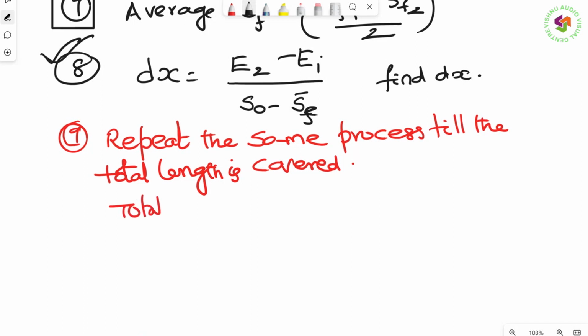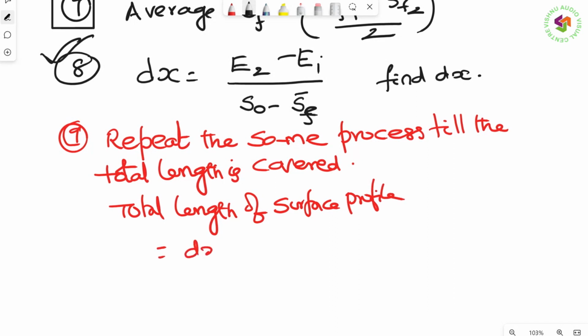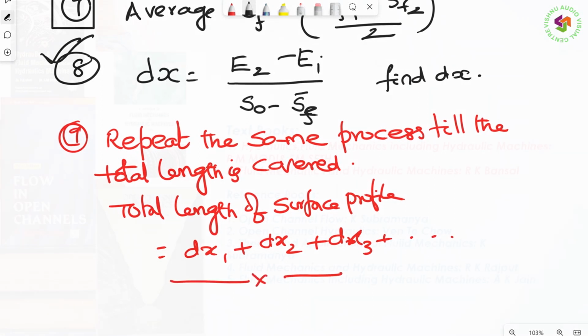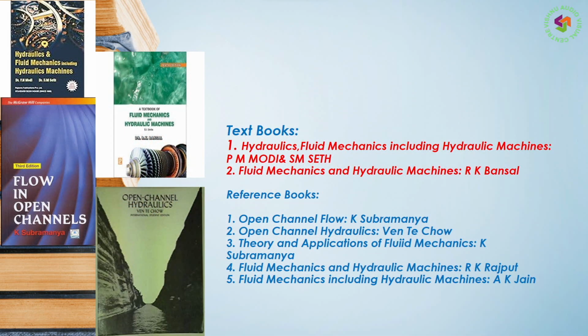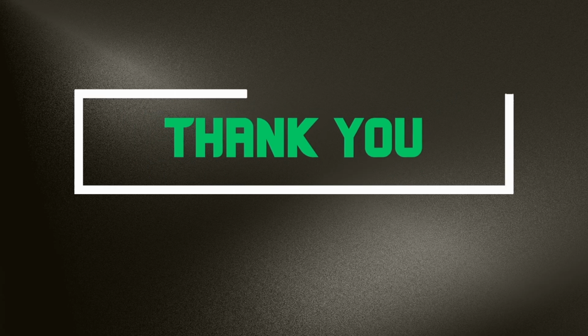Total length of surface profile is equal to dx1 plus dx2 plus dx3 plus so on. The same I will show you through a problem, how really we can solve this type of problems. That I will take you through, very interesting, because in the exam, this is one possibility in this particular topic.